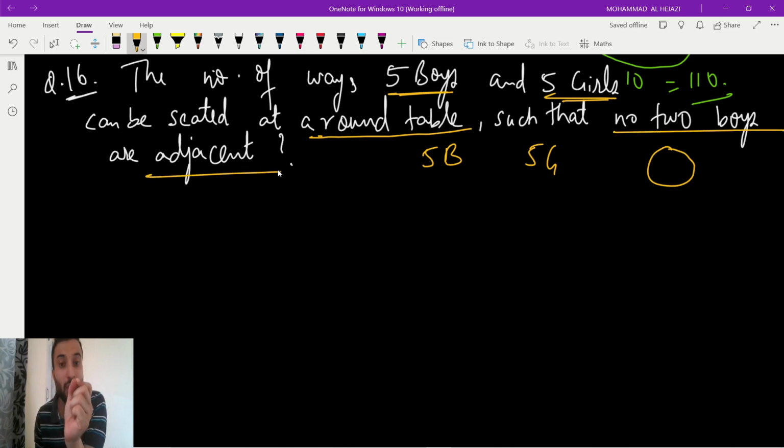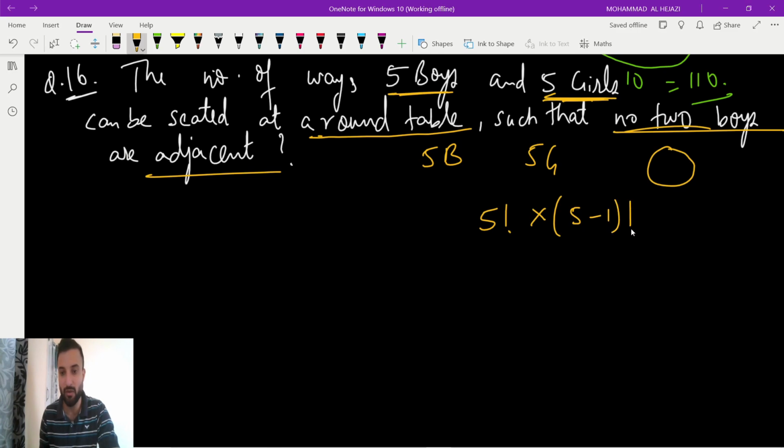We don't have a condition for girls. So 5 girls can sit in 5 factorial ways, because for girls we don't have any condition. And for boys we have a condition that no 2 boys are adjacent, which means 5 minus 1 factorial, that is 4 factorial.